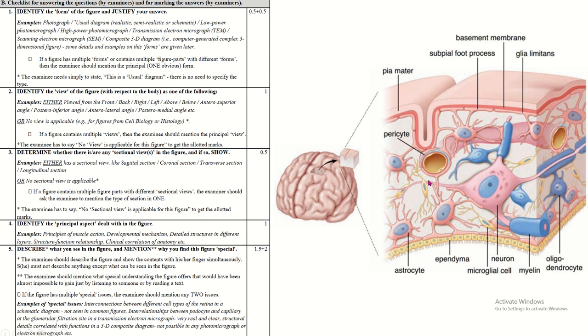And number 5, I describe what I see in this figure and what I cannot understand by reading a text. I can understand the relationship between neurons and neuroglia within the nervous system clearly by this picture, but not by reading a text.